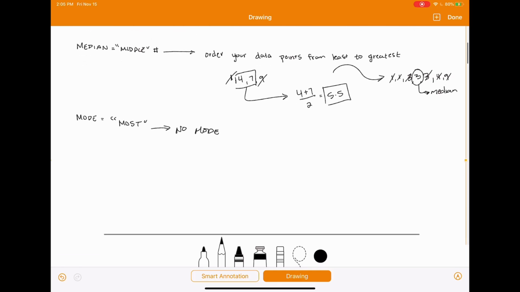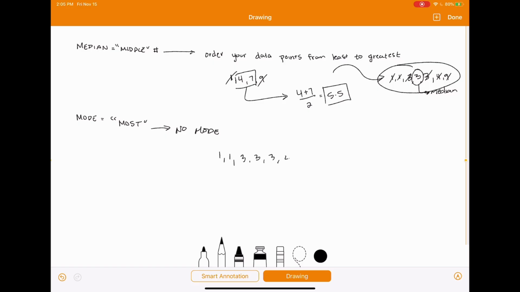However, if we look at this data set right here, so we had 1, 1, 3, 3, 3, 4, 9, you can see there's 3 3s, and that has the most, so 3 would equal our mode.